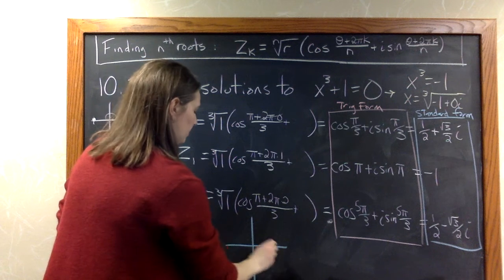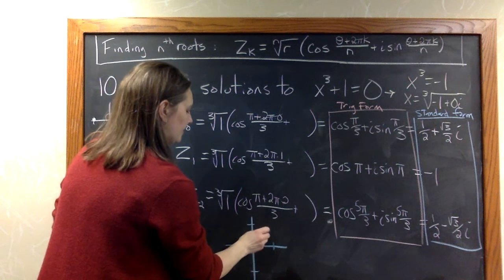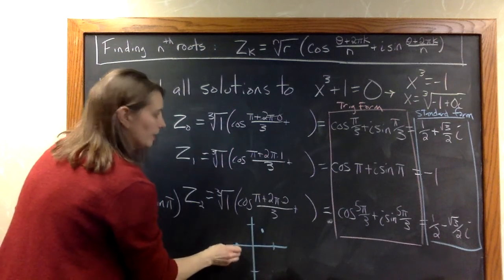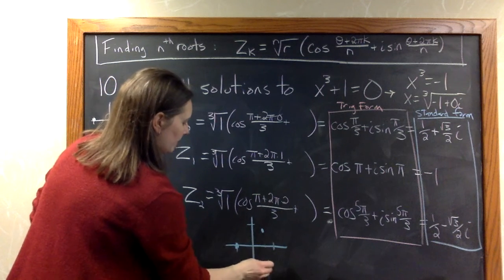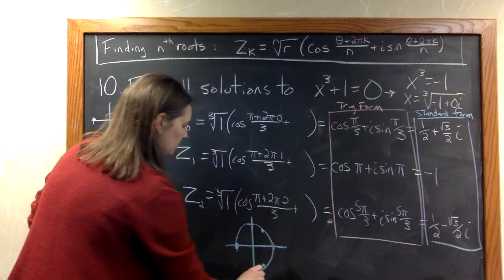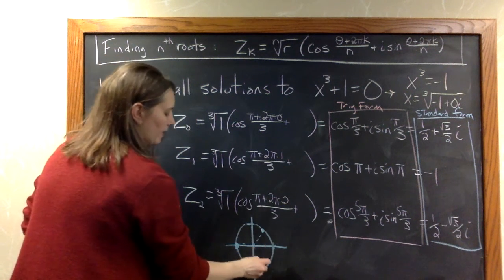So just make it look like this. So 1/2, 0.866 is there. Of course, -1 is here. And then 1/2, negative 0.866. So these should be on a circle of radius 1, which if I drew it well, yeah, that's pretty good. And they should be evenly spaced around that.